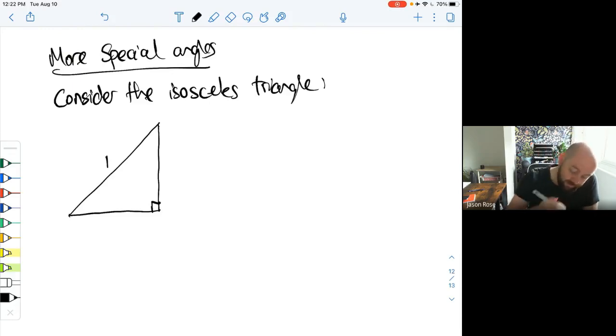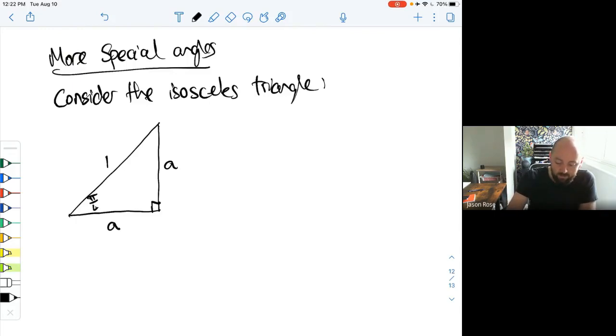Let's make this length 1, and I'm sure you can see why, because now you're probably superimposing the unit circle in your head over it. If it's isosceles, these are the same lengths, and the angles are going to be the same size as well, because in isosceles triangles, 2 sides have the same length, and therefore 2 angles are the same. So if we have 90 degrees in the bottom corner, that same angle is going to be 45 degrees.